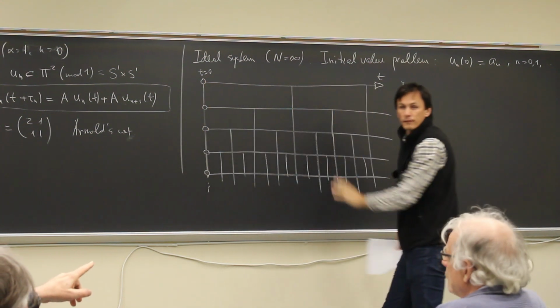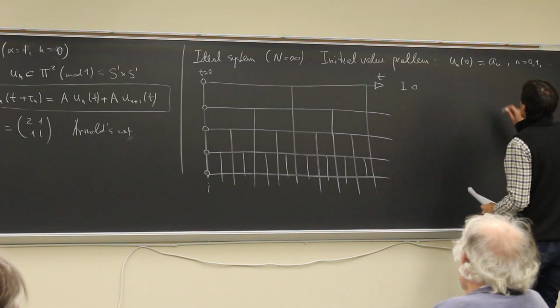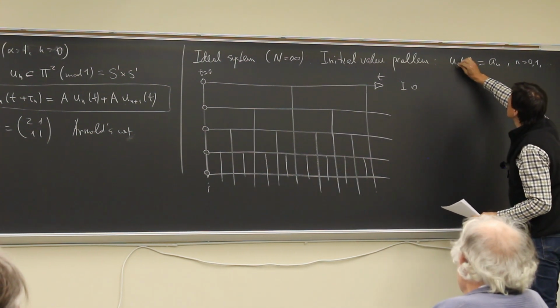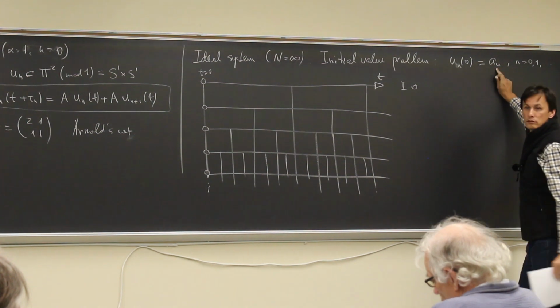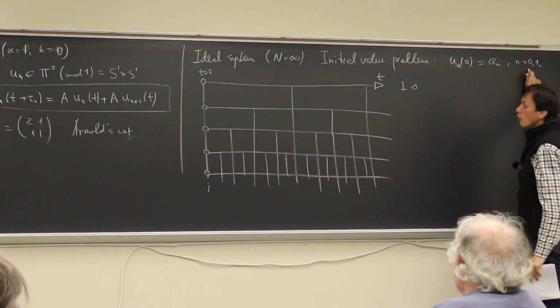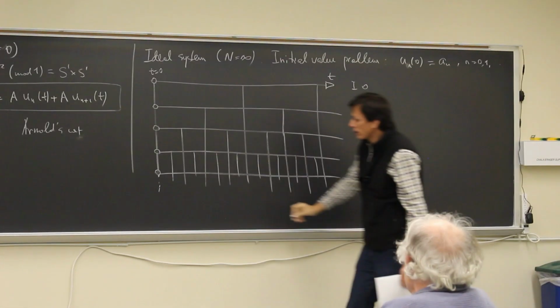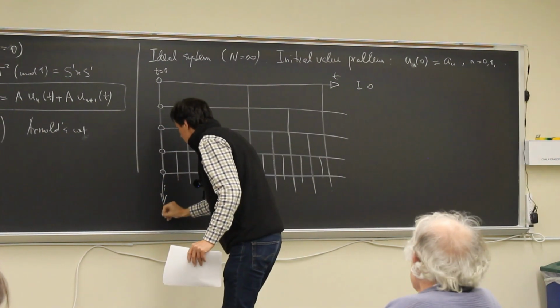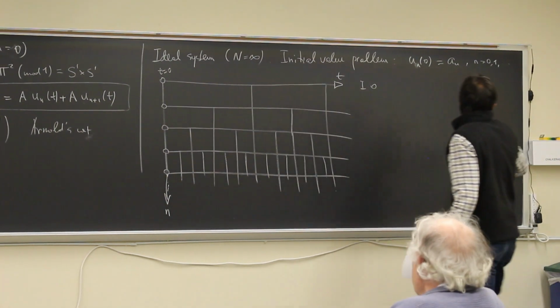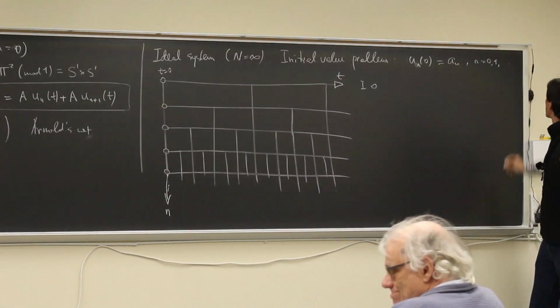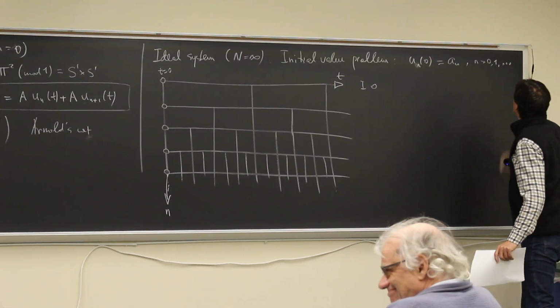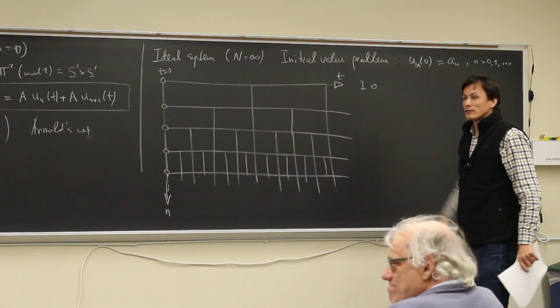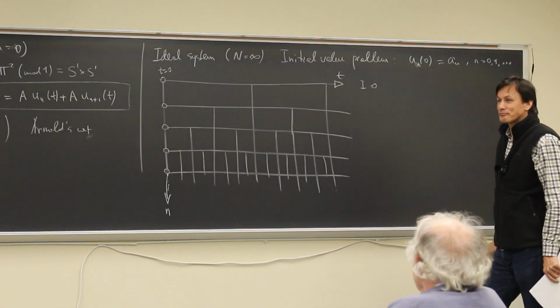I want to solve the problem. un0 is a given value for all n. This dot, dot, dot, 0, 1, dot, dot. Yeah, this n. Okay. Sorry, so that's about not visible in the corner, right?